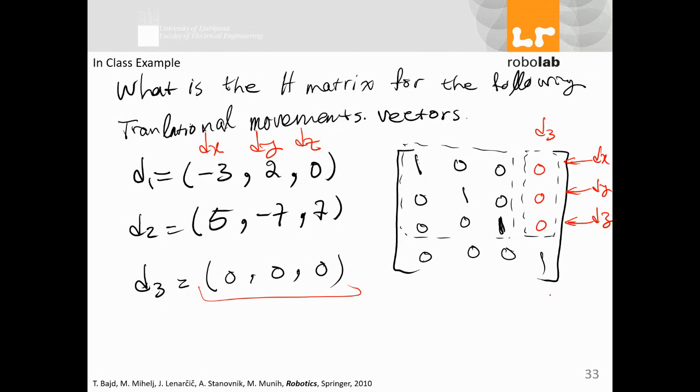It's a 4 by 4 identity matrix. Whatever you multiply this matrix to, you will get the same thing. When you multiply this to any point, any vector, you will get the same thing. So very simple. Any questions so far?